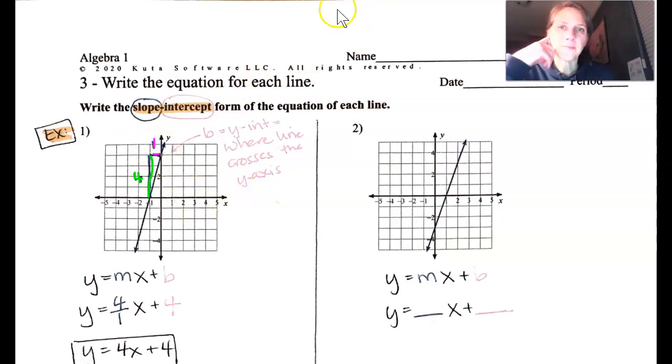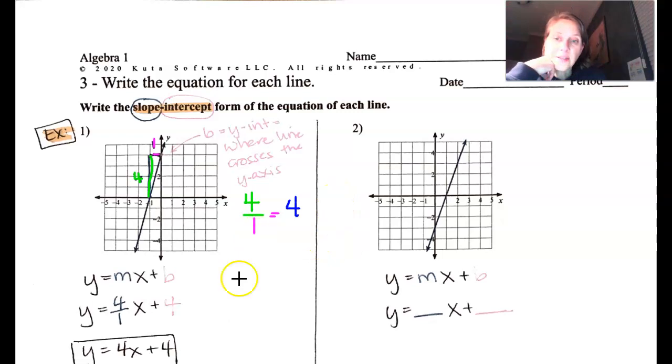So our slope, rise over run, is 4 over 1. Our rise is 4, our run is 1, and that means our slope is 4, because 4 divided by 1 is just 4.